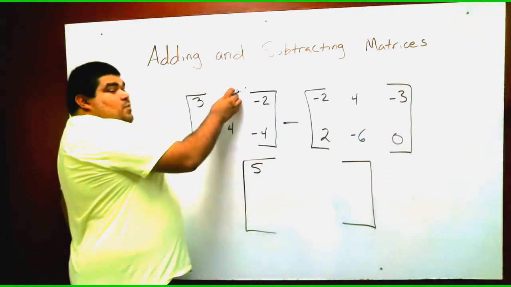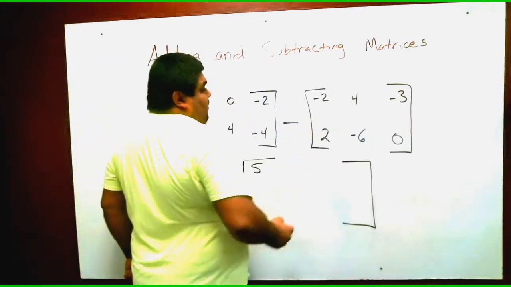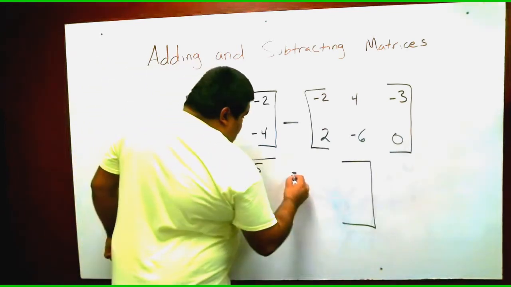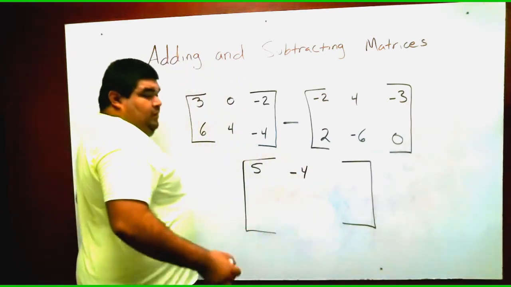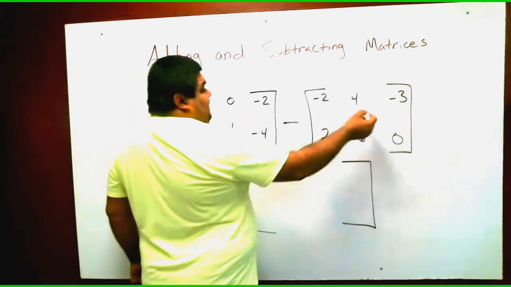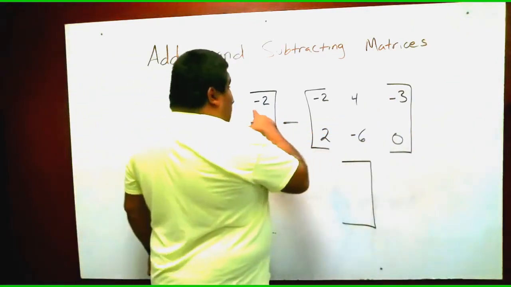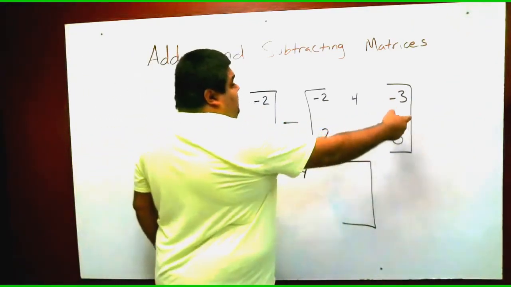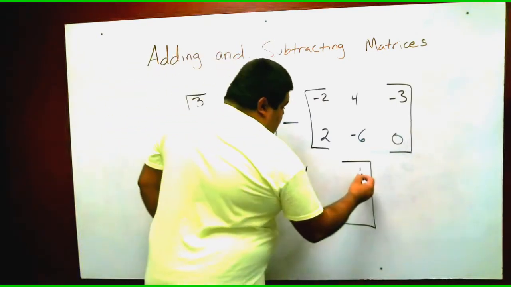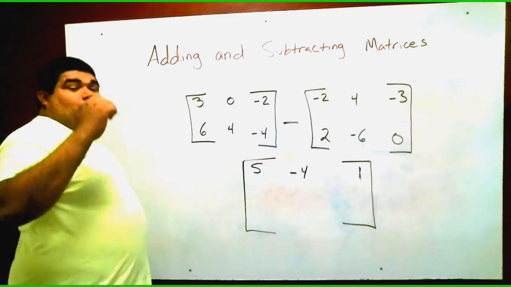Now we're going to do the middle one, upper. We have 0 minus 4, which is negative 4. Goes in the middle. And then we have negative 2 minus minus. Again, the second one becomes positive. So we have negative 2 plus 3, which becomes 1. Goes in the upper right corner. We're almost done.